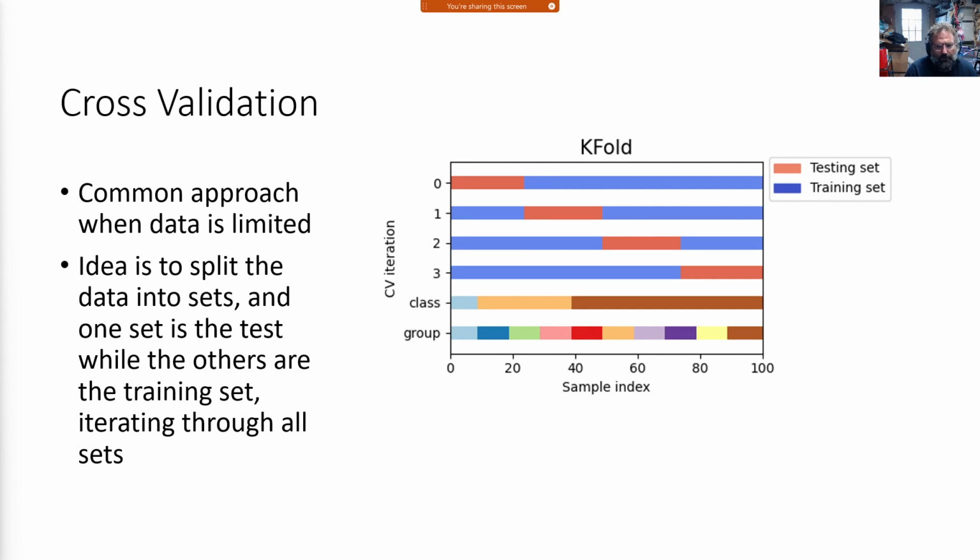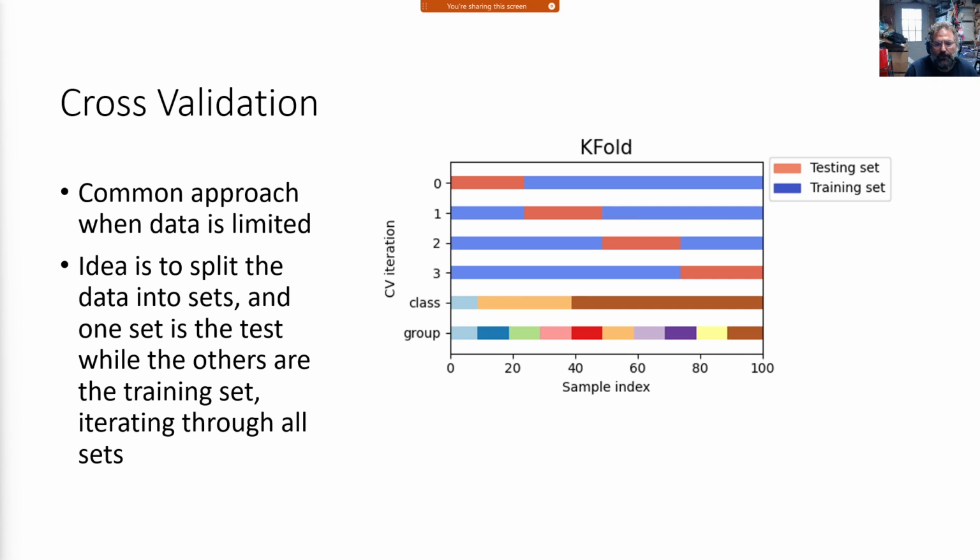Another approach that you may want to use, depending upon especially situations with small amounts of data, is your k-fold sort of approach, where you have your bucket of data that you're picking to be the test set for one iteration. Then you switch over to the next bucket over for the next iteration, and so on. So you can see the four different runs, starting with iteration 0 through 3.